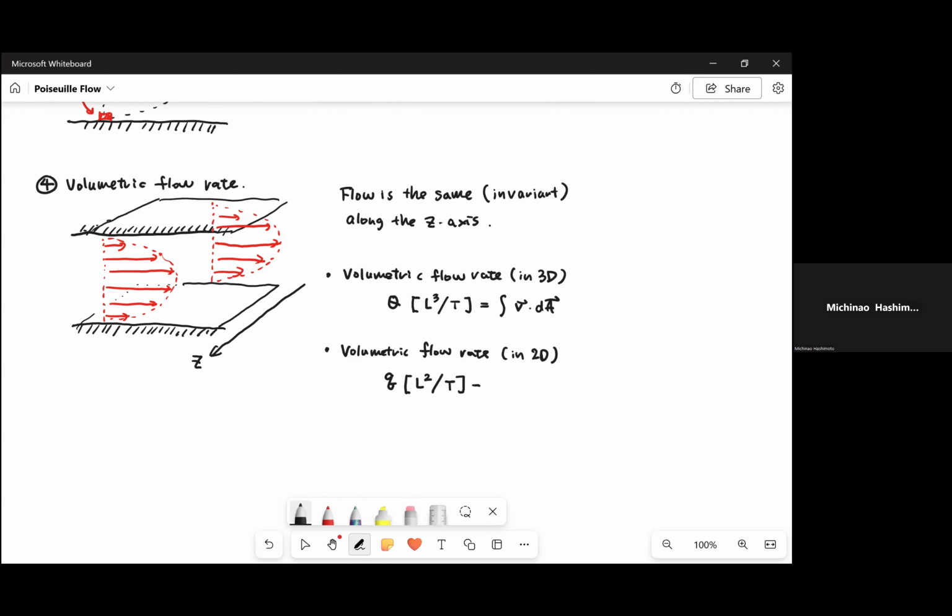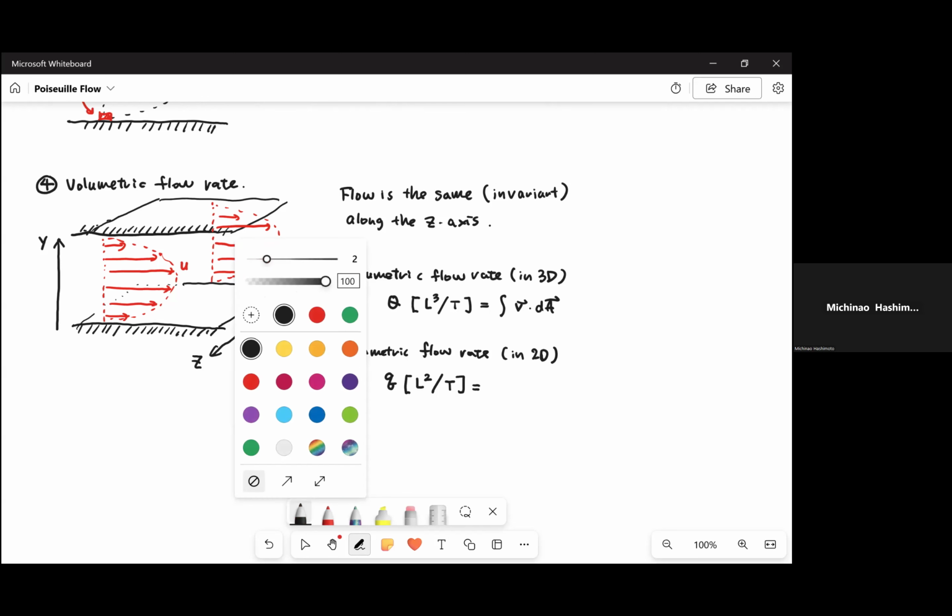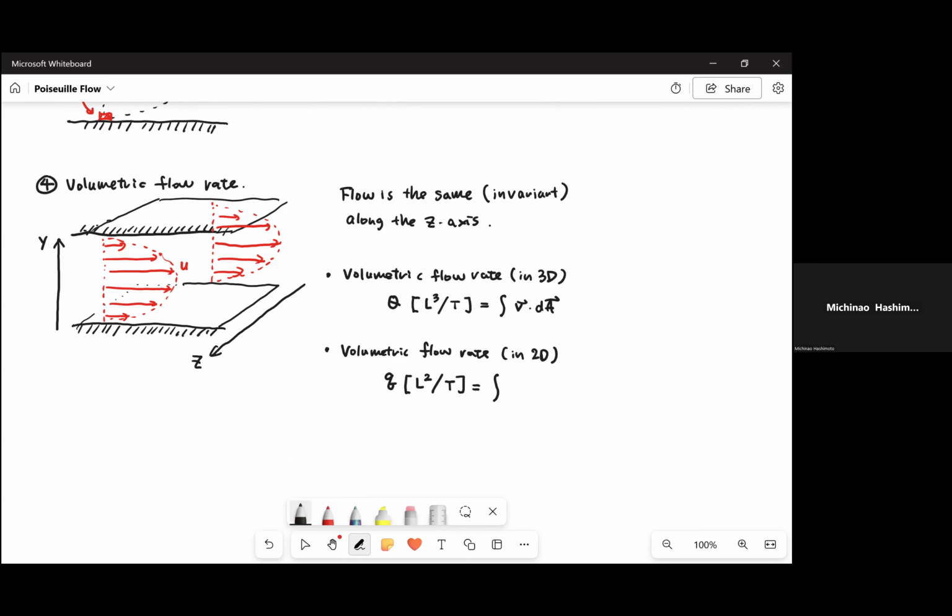If U is the flow in this direction, and this particular coordinate is Y, we are able to just integrate U across Y. So this is going to give you U times dy.